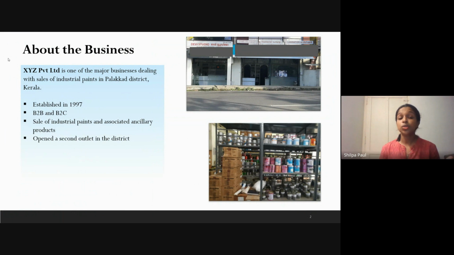When the shop began in 1997, it was a B2B business where the main customers at that time were the major car showrooms, like Maruti, Ford, Mahindra, Tata. But over the years, maybe 8 or 10 years ago, due to customer demand for certain ancillary products related to paint, like car polish, car wash cloth, the emery for scrubbing of the paint, and grease, customers started asking for them.